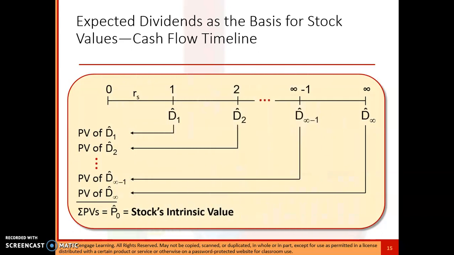So what are we doing when we value a stock? We're taking all the future dividends. In this case, we've got the expected dividend in year one, the expected dividend in year two, and then on out in perpetuity. And then we take the present value of those using our required rate of return, and we sum them up, and we come up with the value of that stock.